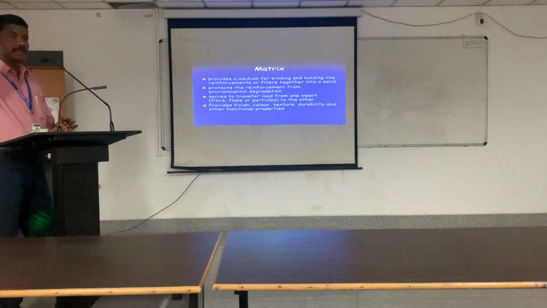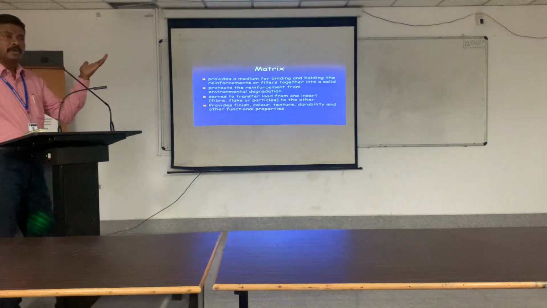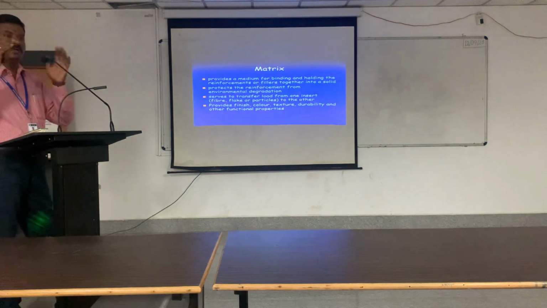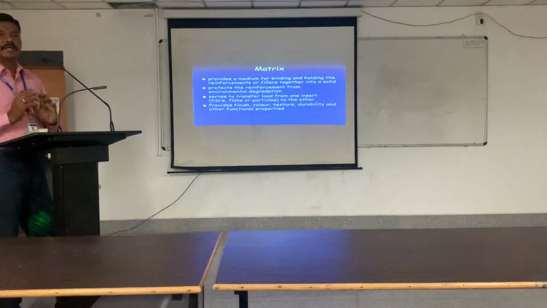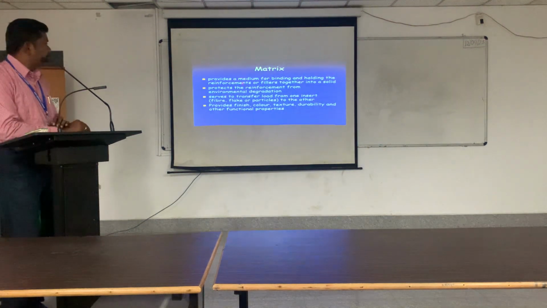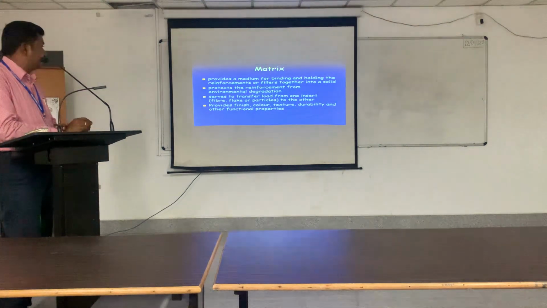Like the steel rods used in reinforced cement concrete, if openly exposed during rainy season or a corrosive or salt environment, the steel rod will tend to corrode. Okay. So if it is surrounded by the cement matrix, it is saved. So it will protect the reinforcement from environmental degradation.